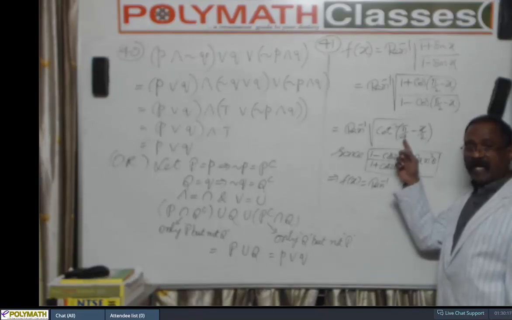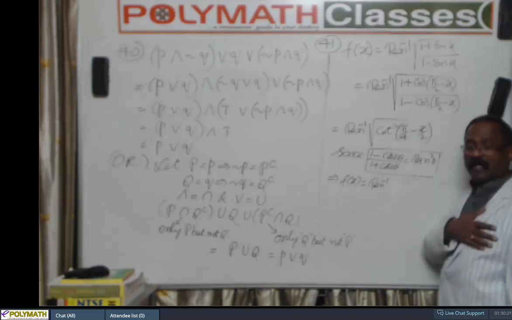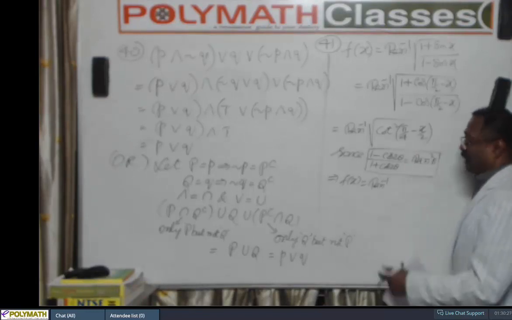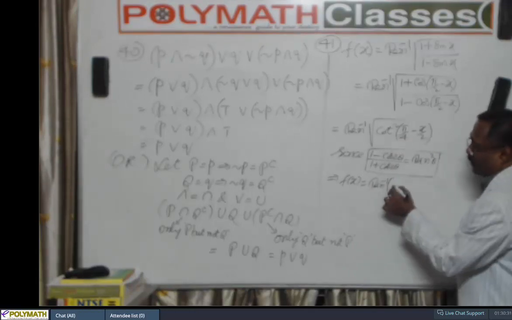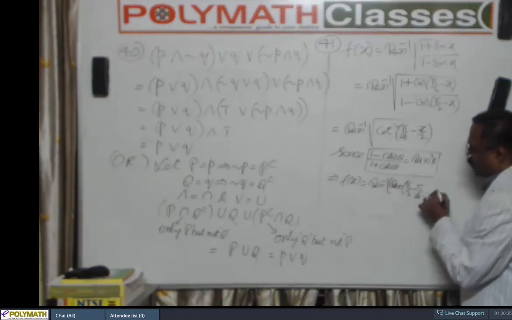That means this angle lies in the first quadrant only. Thereby, cot of the first quadrant anyway becomes positive. That is why you can straight away remove the modulus. So tan inverse of cot of this you will get, but it cannot be simplified. That is why tan inverse of tan of (pi by 2 minus theta), that is pi by 2 minus (pi by 4 minus x by 2), pi by 4 plus x by 2.